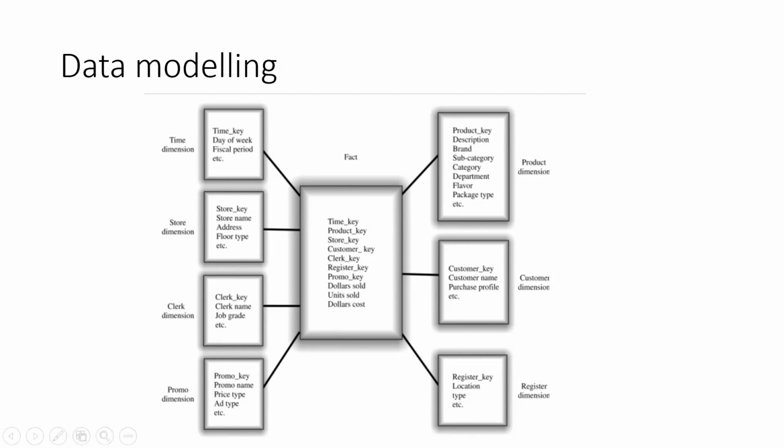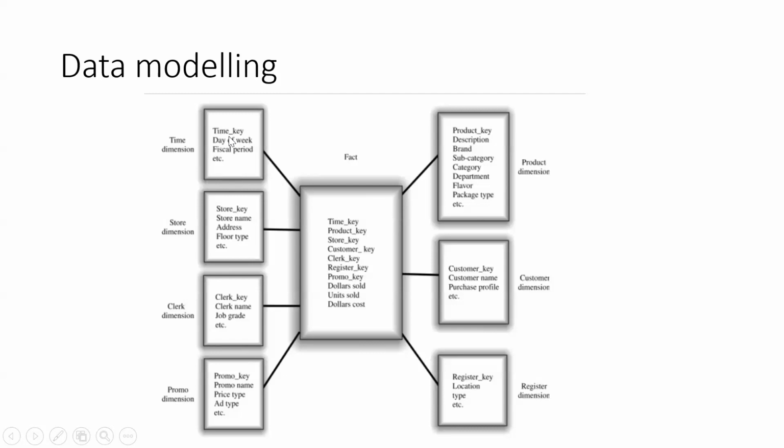As I mentioned, we should have a fact. You can see this is the fact table, and those are our different dimension tables: product dimension, customer dimension, register dimension, time dimension, store dimension, clerk dimension, promo dimension.